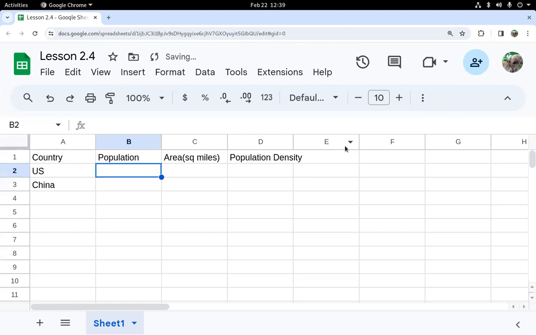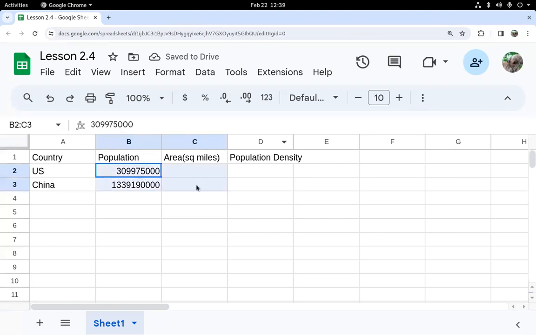The US was 309,975,000. We'll put commas in there in a minute. China's population, 1,339,190,000.